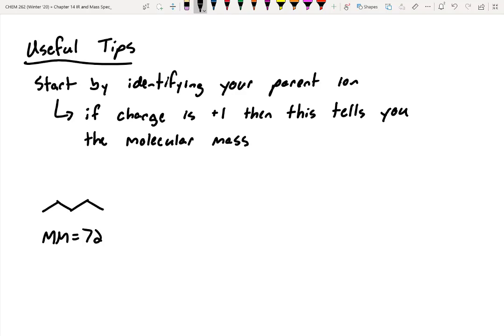All right, so we've got that one. Let's do another one. This one's a little bit different. We're going to throw in a nitrogen. So this is an amine. This has a molar mass of 73, if you do the math there. All right, let's do another one.